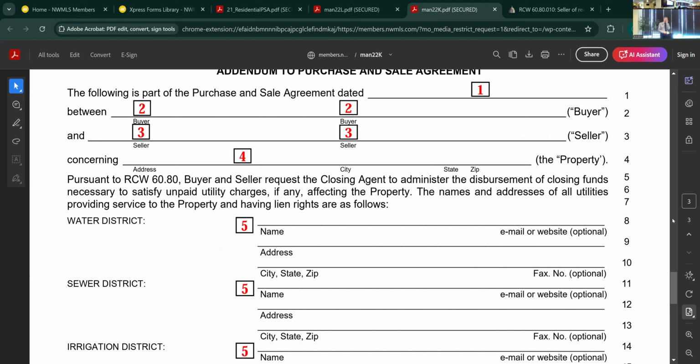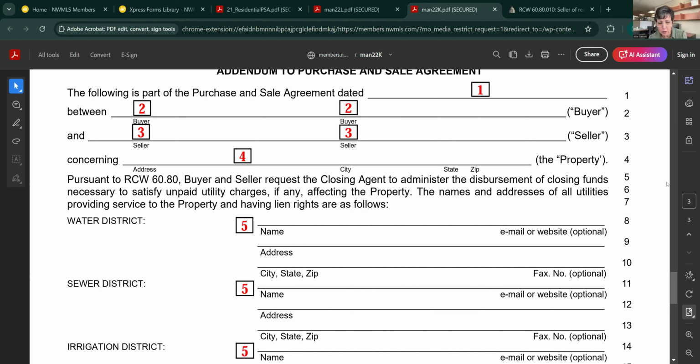I highly doubt it. Probably not. But you would just write HOA responsible for water district payment, because it's in the dues. You're trying to identify that we don't have to worry about this being settled, because basically all the dues are handling the payments to the company, because the whole HOA is responsible for the entire payment for the whole community.